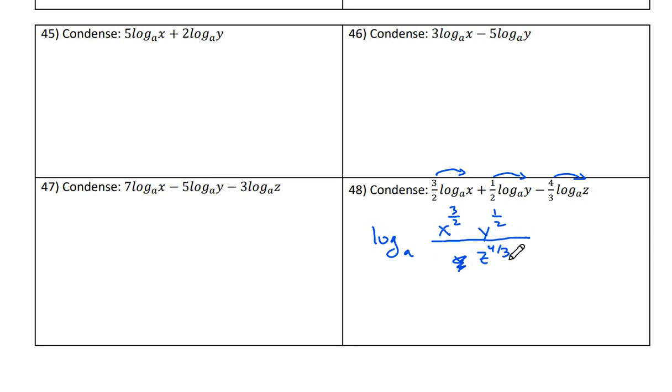Now, you could write this in radical form. I see these have the same exponent, so I could write them in the same radical. So I could say square root of x cubed y, because these are both the square root.